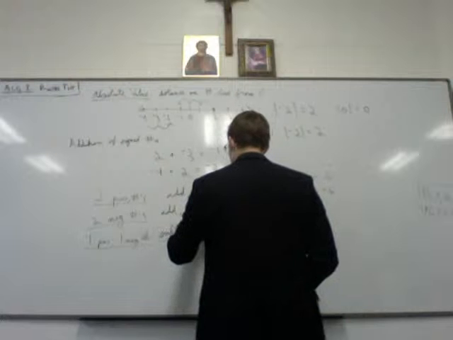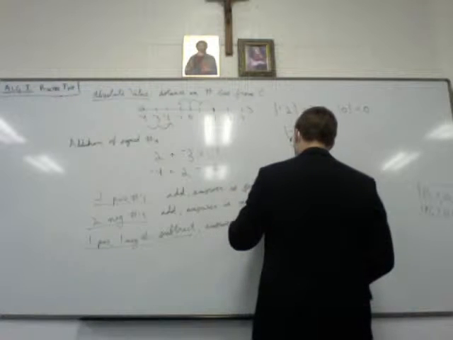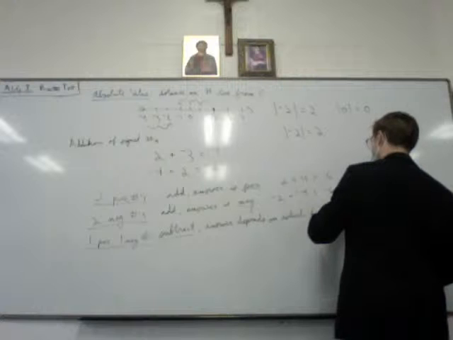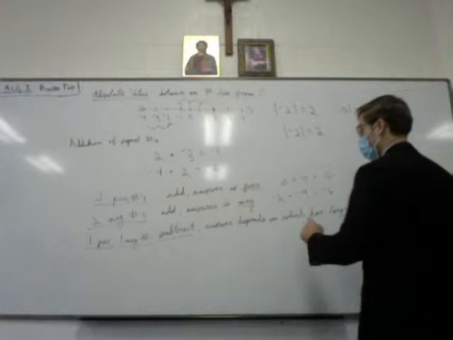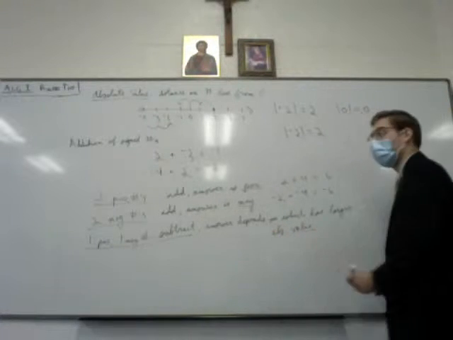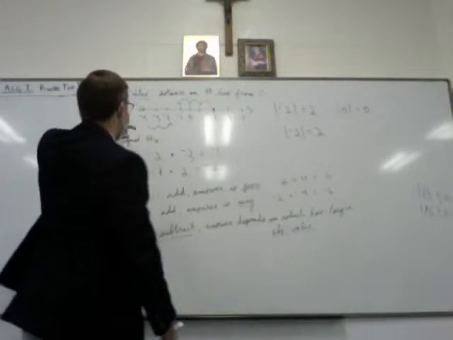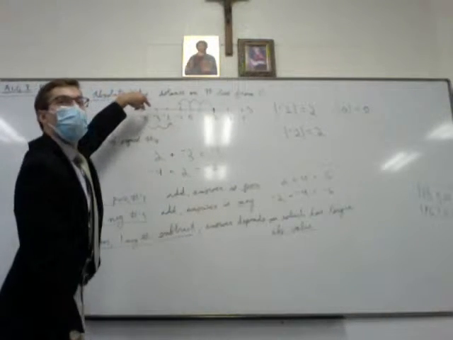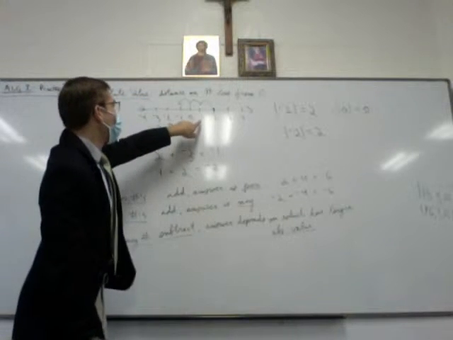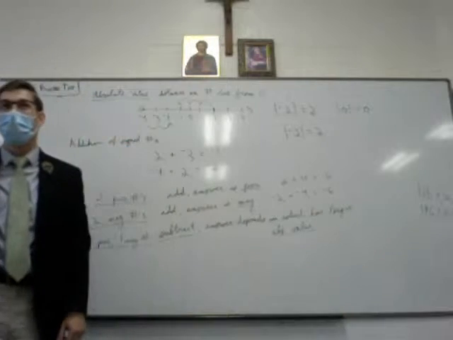So the answer depends on which has the larger absolute value. Whichever one is farther from 0, that one's going to win out. Negative 4 plus 2. The negative 4 wins out because that's farther from 0. 2 plus negative 3. Negative 3 wins out because it's farther from 0.